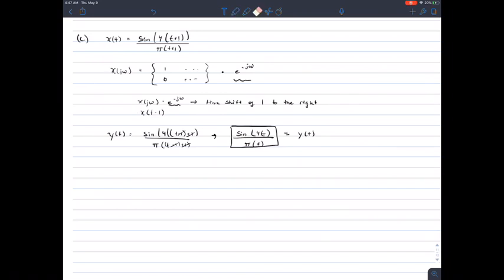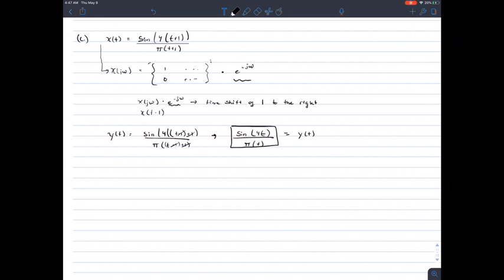Okay, just in case you didn't follow, go back through it real quick. You're finding your x of j omega, that is your Fourier transform, and it's going to be in this type of form, but you're just going to be multiplying it by e to the negative j omega, which is a time shift in the frequency domain.